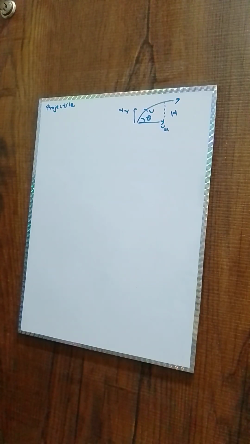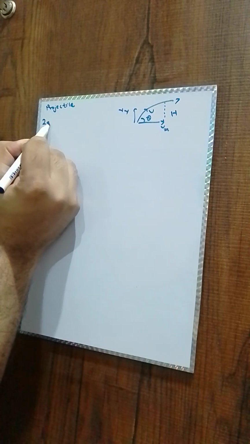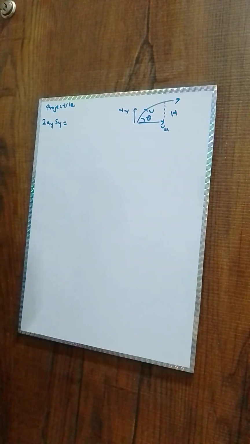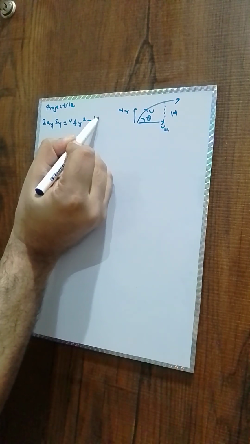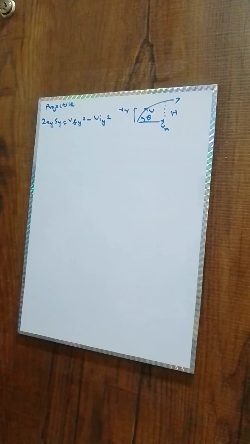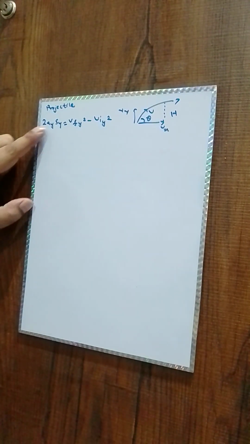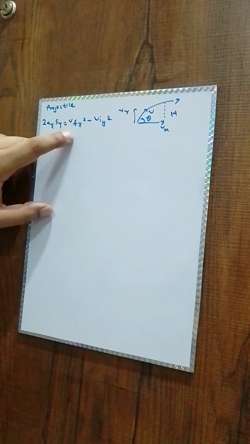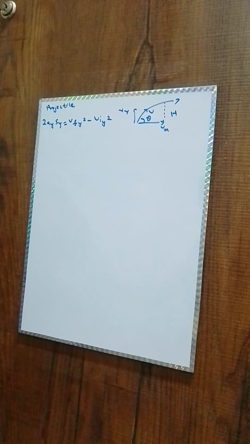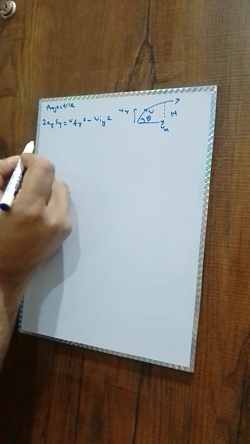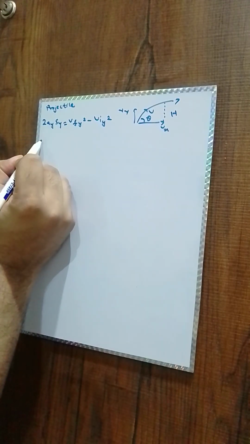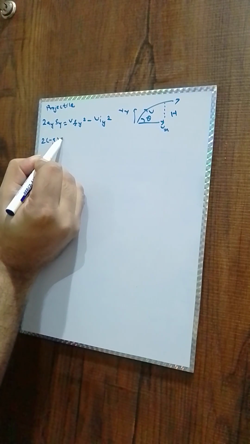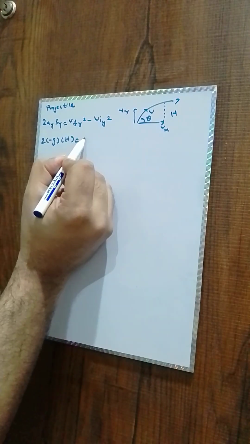So for height, we look into the equation of motion, 2 ay sy is equal to vfy square minus viy square. On the y-axis, the acceleration and displacement, and the final and initial velocity squared. Okay, which gives us 2 into minus g into h, which is the height.